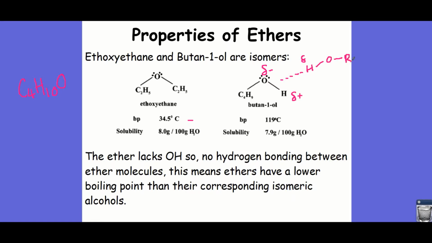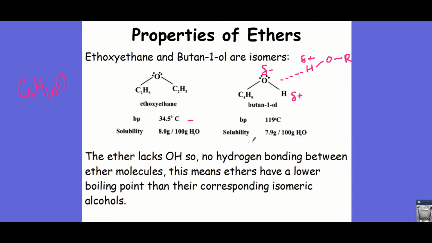Okay, just put R there. The ether doesn't have that extremely polar situation that the alcohol does, so it cannot form hydrogen bonds. We know that hydrogen bonds are the strongest of the intermolecular forces, so require much greater energy to overcome, to break them, which is why alcohols have much higher boiling points than ethers.